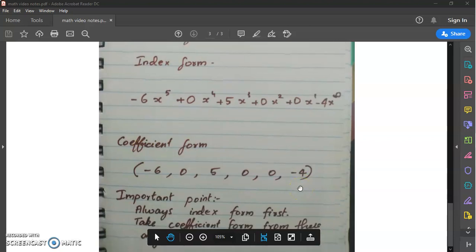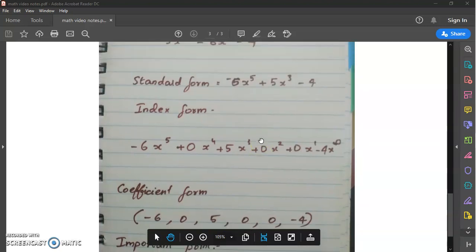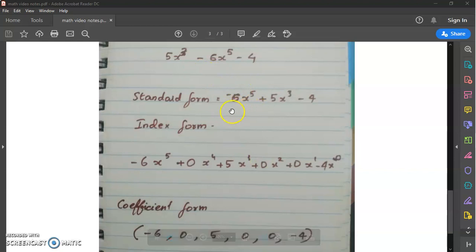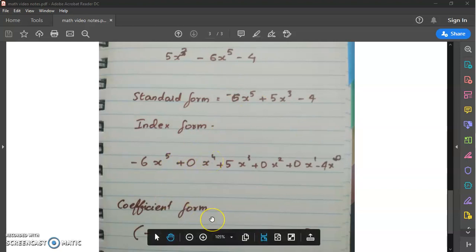Clear? Just one important point for you to remember. Always write the index form first. Suppose in this question, you have written the standard form. If you just write the coefficients from it, it would be minus 6, 5, minus 4. That would be wrong. Whichever question is given, you have to convert it into index form and then write the coefficient form.